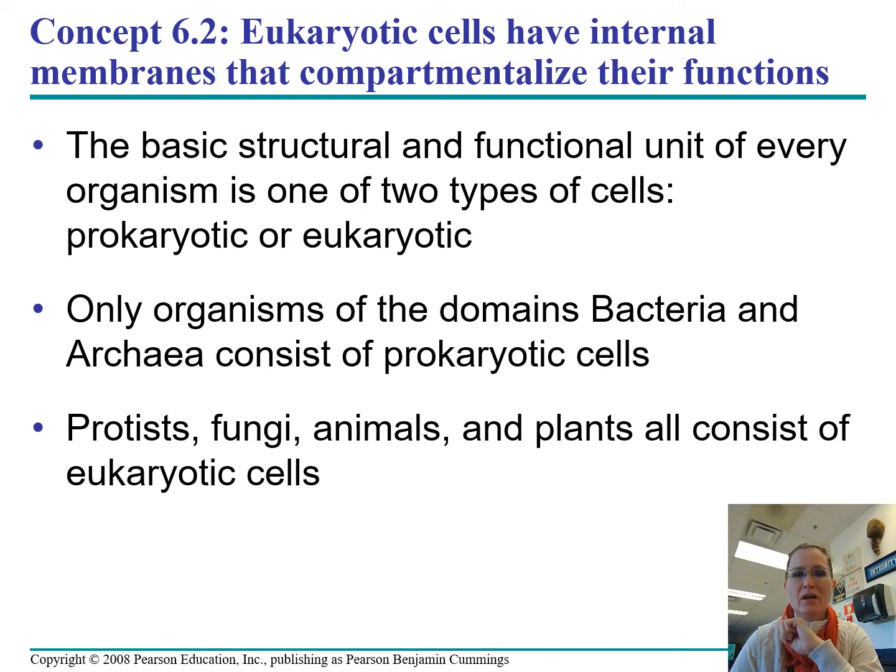There are single-celled things and multi-celled things, and different things fall under different categories, but all bacteria are prokaryotes, and then everything else is eukaryotes. So protists, fungi, animals, and plants are eukaryotes.